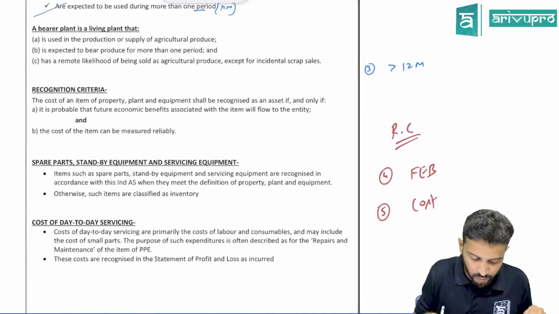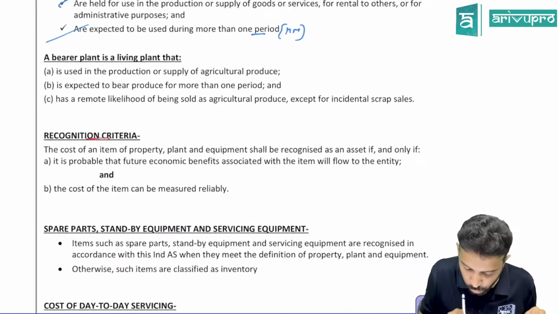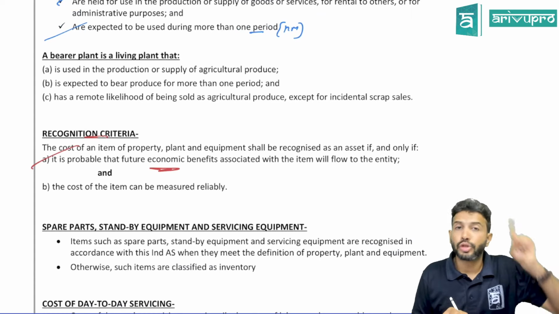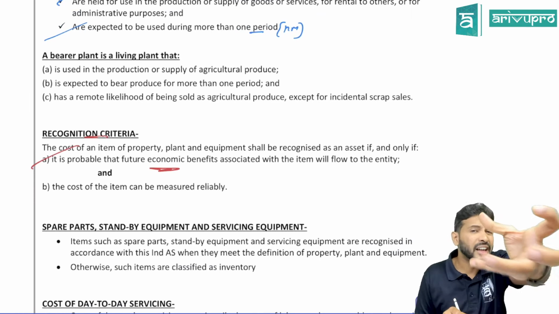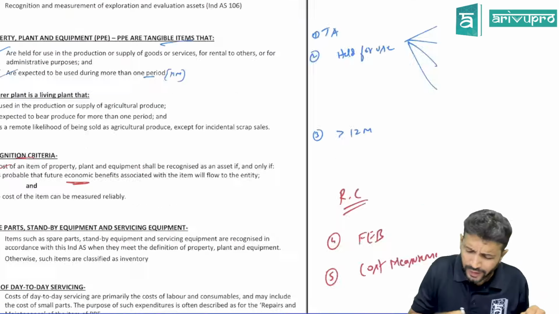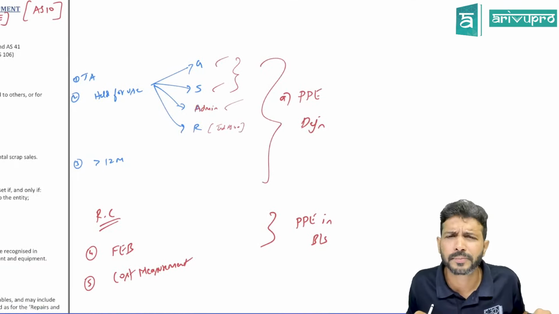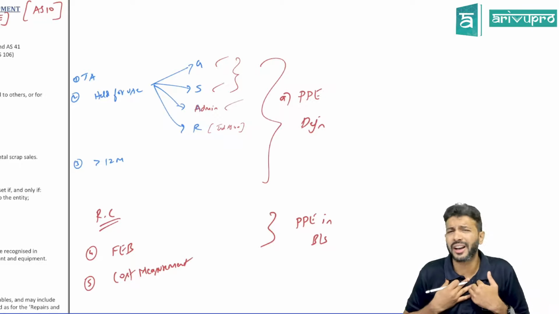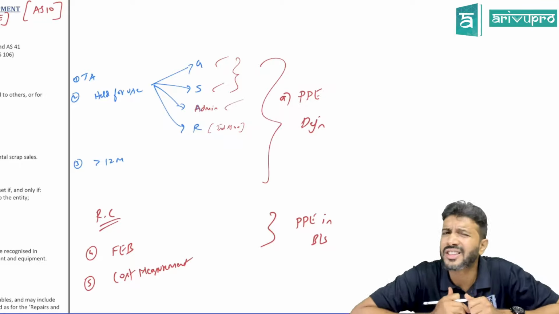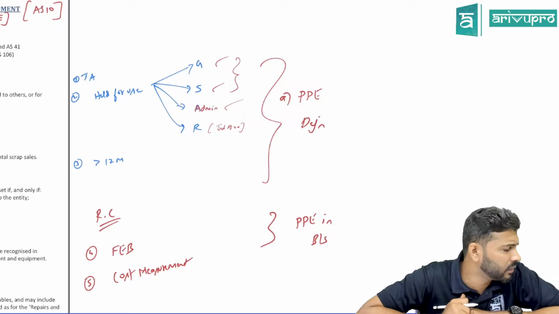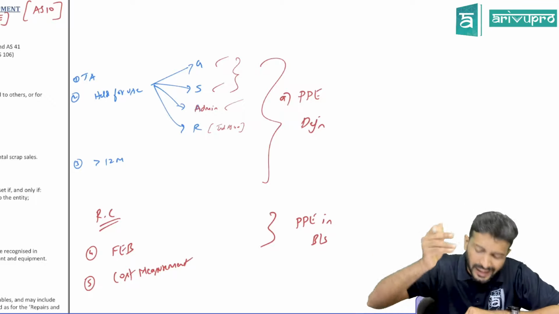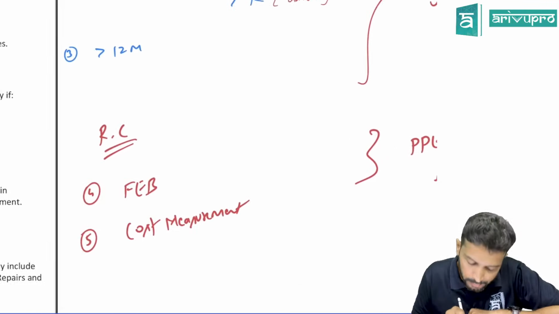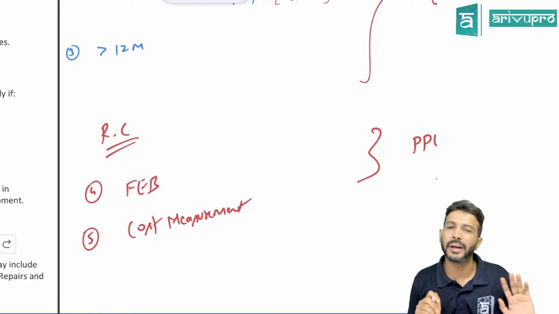Meaning, due to that asset, entity should get some FEB. Okay, guys? Recognition criteria, future economic benefits. So, due to that property, plant and equipment, entity should get some benefit. Now, why do you think we have purchased laptop and all? So that we'll be conducting the classes. Obviously, for a coaching academy, more and more classes they conduct, more and more revenue they will get. Yes or no? Meaning, from that property, plant and equipment, entity should be getting some benefits.